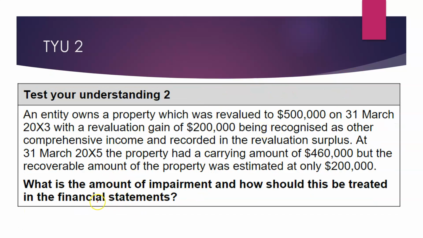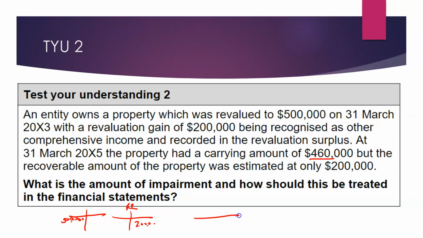This is a good one as well. You own a property which is revalued to 500, so it's 500. And you had a revaluation gain, so a revaluation reserve of 200,000 as a result of this movement. And then at the 31st of March, the property has a carrying amount of 460,000.